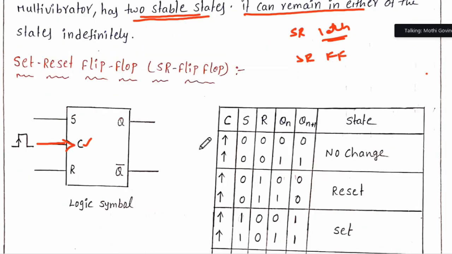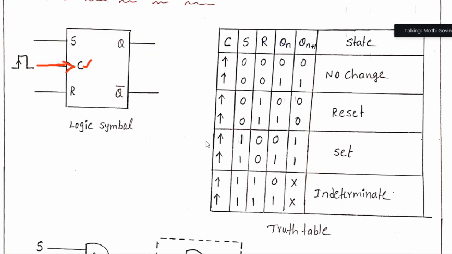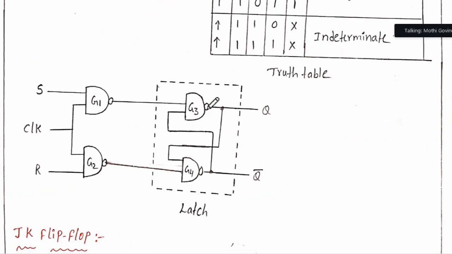Now, this is the logical symbol of the SR flip-flop, this is the truth table of the SR flip-flop, and this is the block diagram of the SR flip-flop. The SR flip-flop, see here, from here to here, it is just the simple SR latch that we already discussed in the previous class.